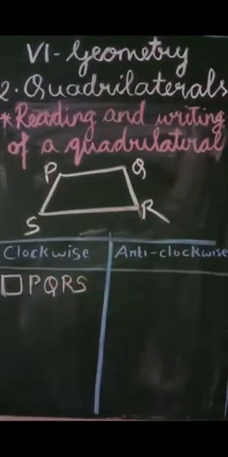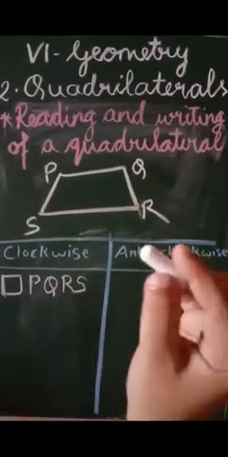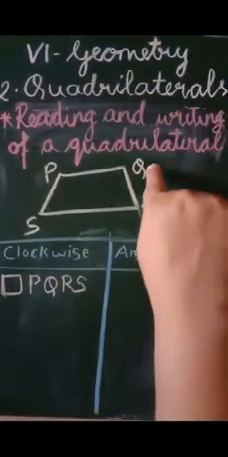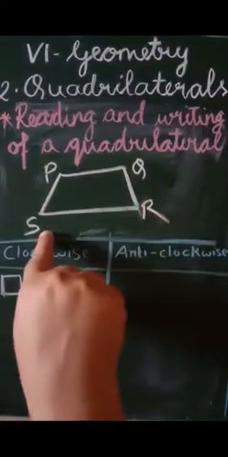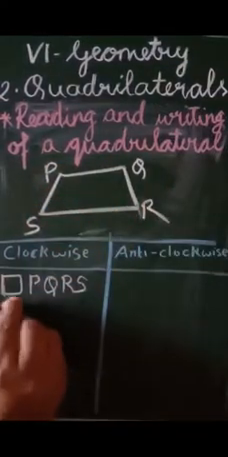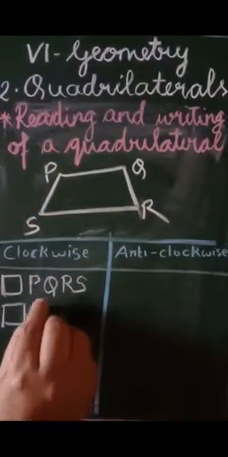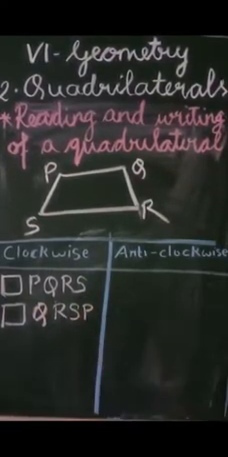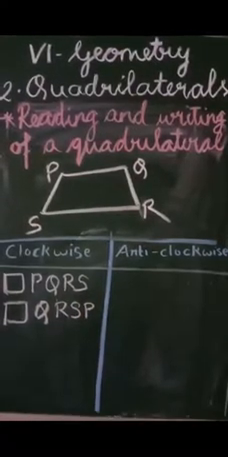This will be our one name. Now we'll start from Q: Q, R, S, P. Quadrilateral QRSP. Second name.